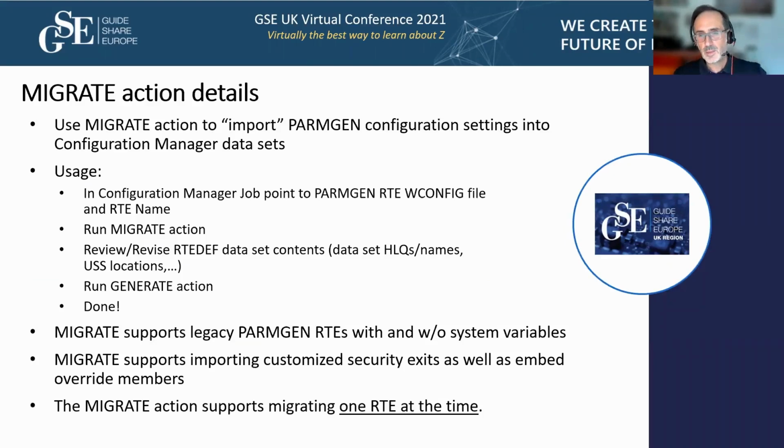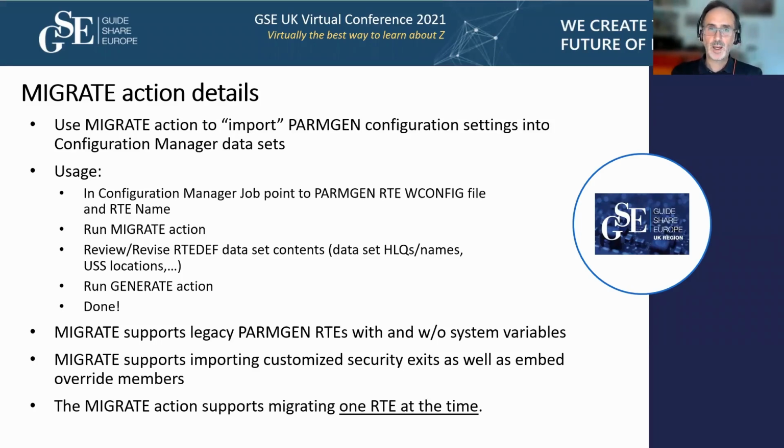So let's look a little bit deeper into a few more actions, and let me start with migrate. The migrate action comes in handy if you have existing ParmGen configurations, because you can use migrate to import all the configuration settings that you made in the ParmGen configuration into your RTEDEV dataset. So what it does is you point it to the wconfig file and the RTE name that you want to import.